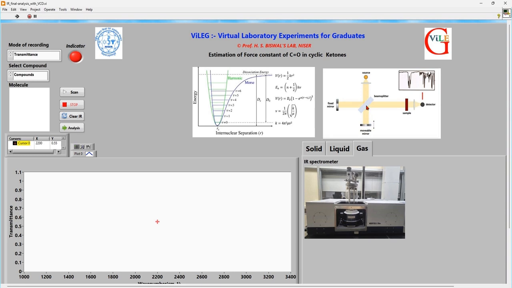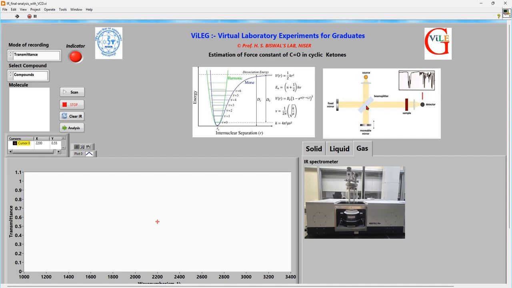There we can have an interference pattern, and depending upon the phase difference between the two incoming beams, we can have either a constructive interference or a destructive interference.